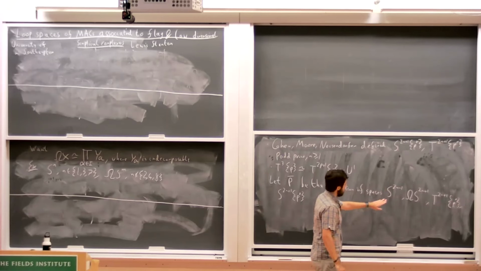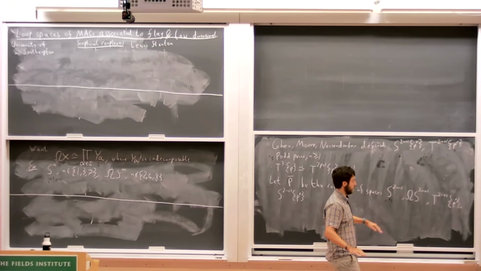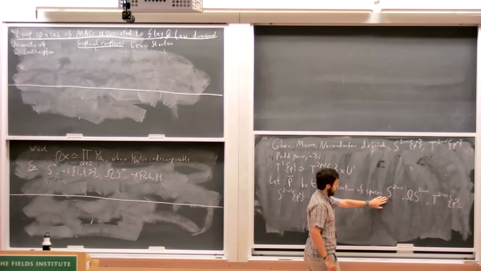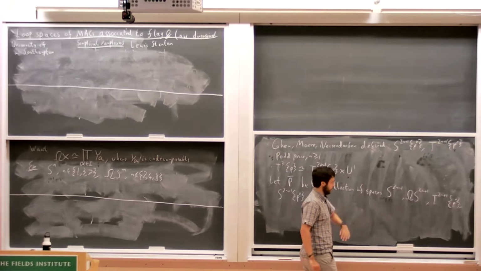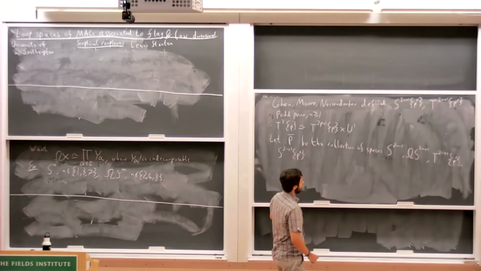The reason I'm including all of these is that in a minute I'm going to do something called localize, and it turns out if you localize at a prime p that all of these odd dimensional spheres will become H spaces.